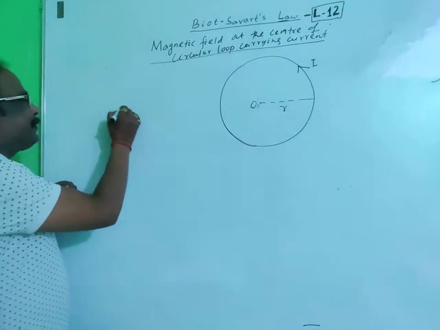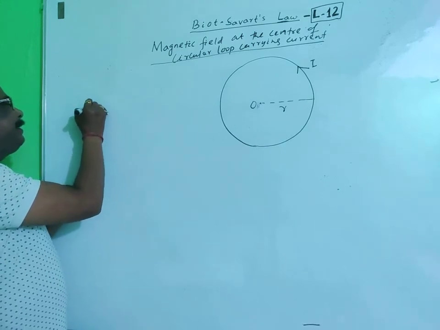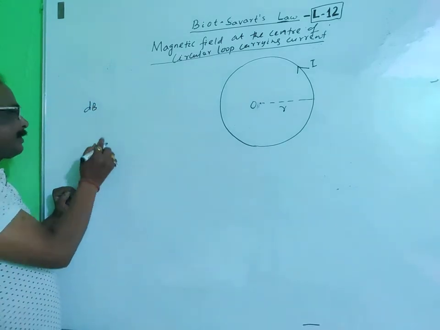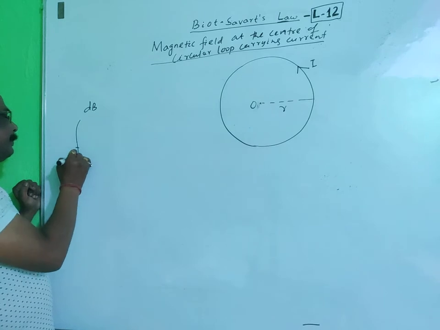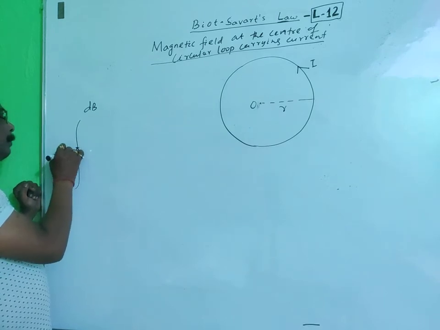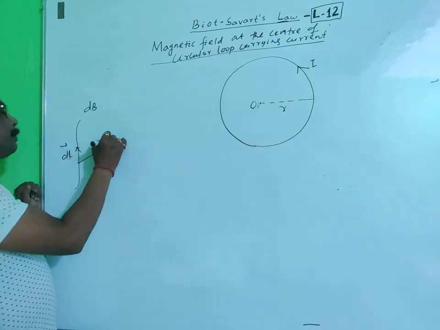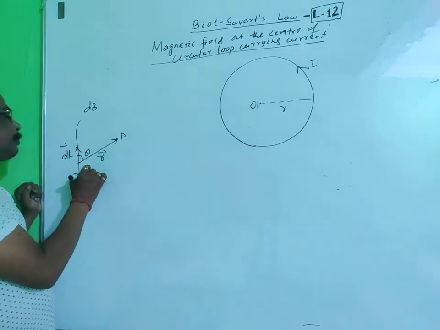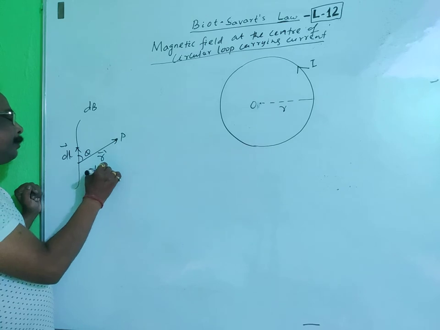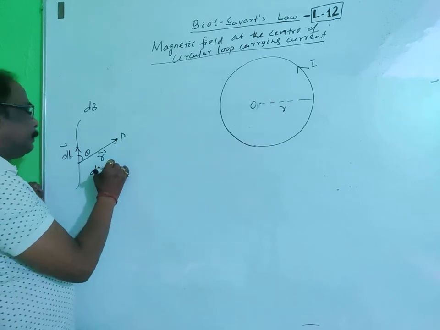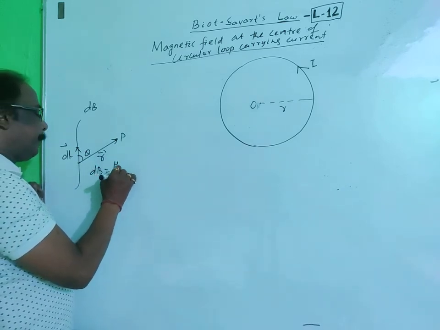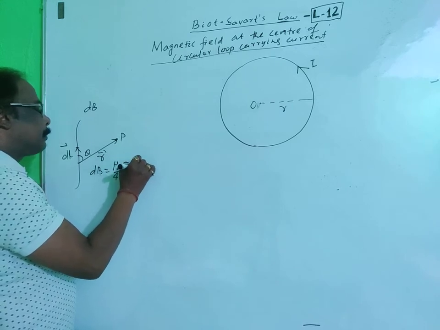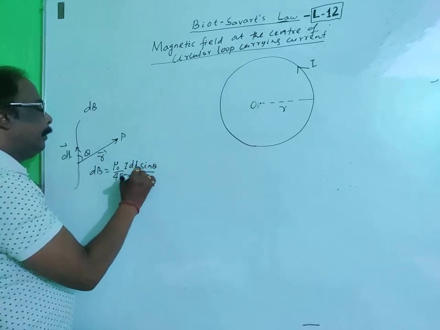So the magnetic field dB, as we have discussed according to Biot-Savart's law, for an elemental length of conductor dl with position vector r at point P, if this angle is theta, then the magnitude of magnetic field is given as mu naught by 4 pi, I dl sin theta divided by r square.